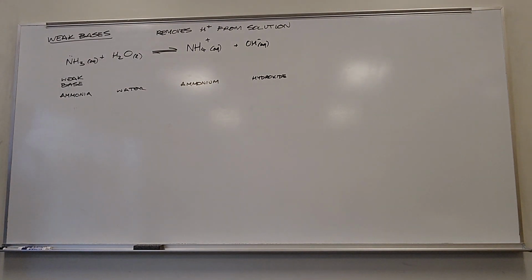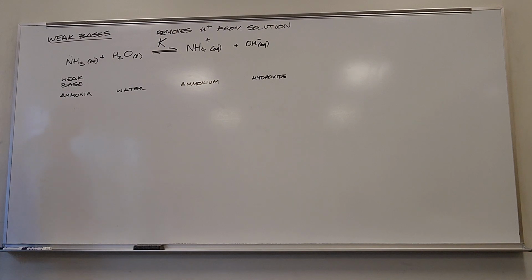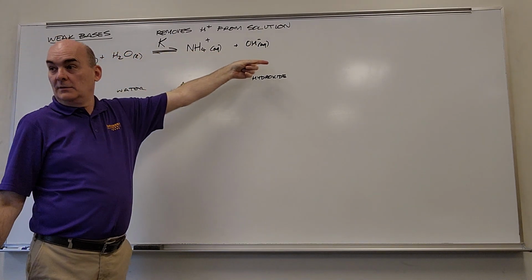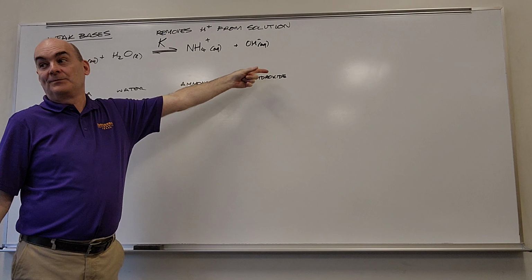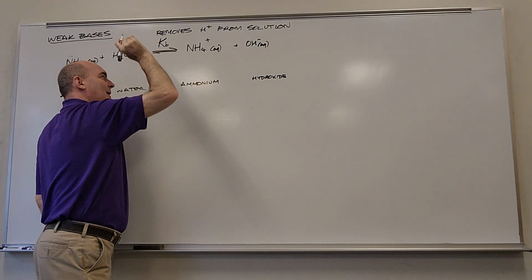That's in equilibrium, and I would like to find the value for this equilibrium constant right here. It's in the book, in Appendix G. That K is written currently in the direction of being a base, so this is a K, but it's a Kb.